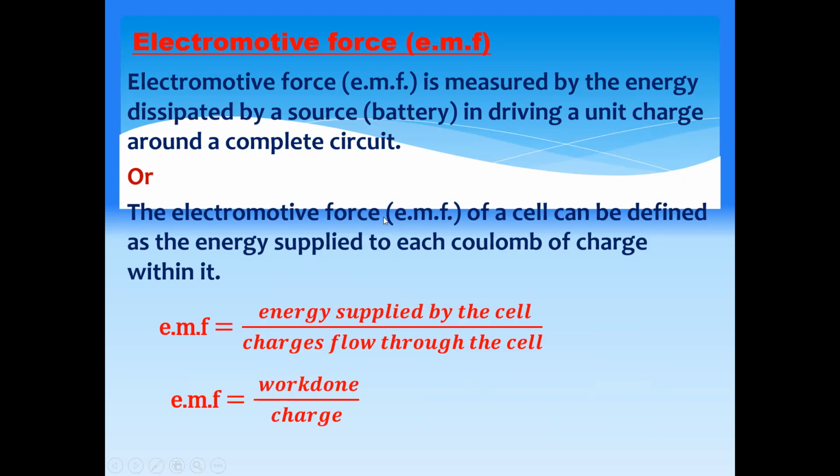And if we want to calculate the EMF, we can use a formula: the total energy supplied by the cell divided by the amount of charge flowing through the cell. That is one way, or it is work done per unit charge.